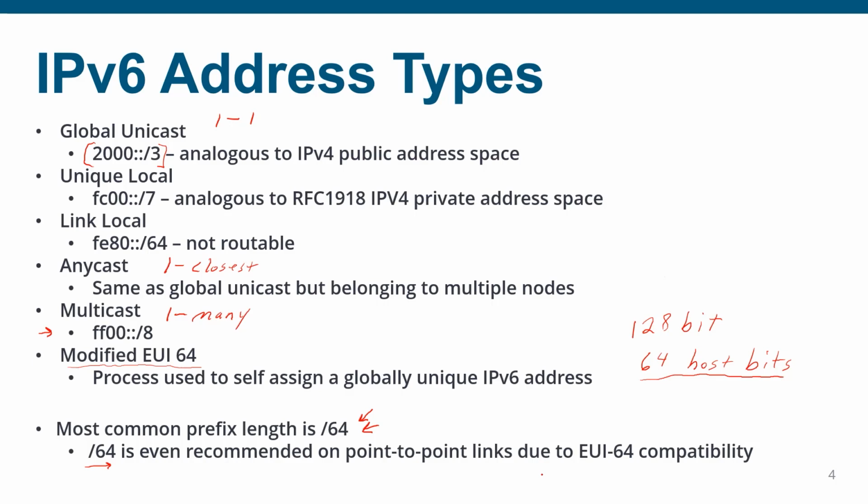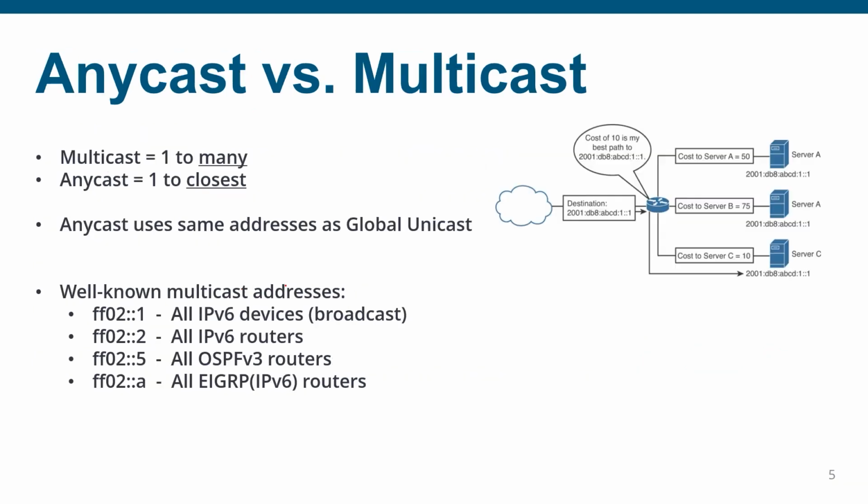So I know I very briefly touched on anycast and multicast as being 1 to closest and 1 to many. Let's take a little closer look at that here. So anycast versus multicast. Multicast is 1 to many. It's one speaker potentially speaking to many other receivers.